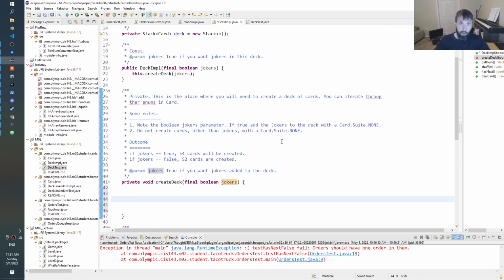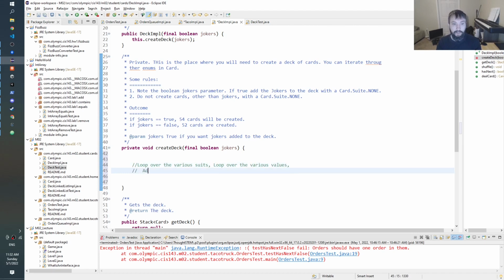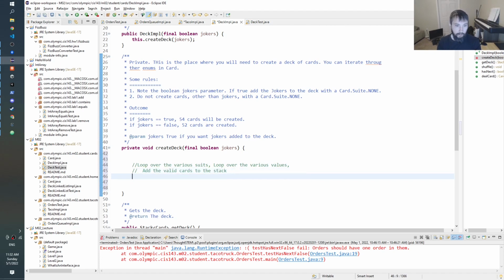For many of you, that involved looping over, this is the classic solution, and I think perfectly fine, which is loop over the various suits, loop over the various values, add the valid cards to the stack, exclude or include jokers if jokers is true.